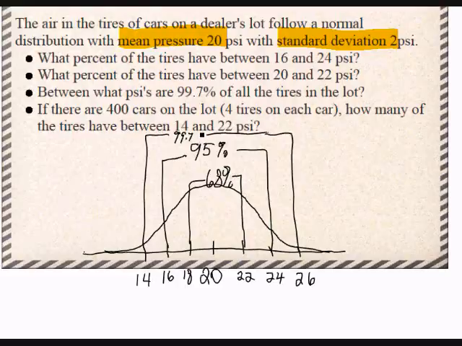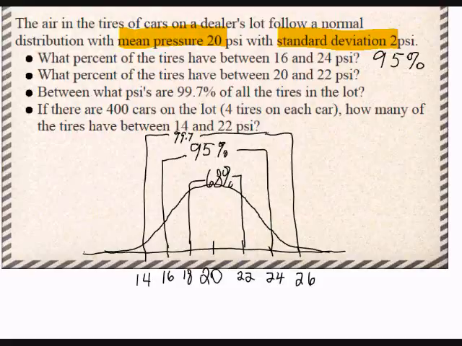All right. Now I'll try answering the first question. What percent of the tires have between 16 and 24 psi? So I look at the 16 to 24. Oh, that's just a straight 95%. What percent of the tires on the lot have between 20 and 22?